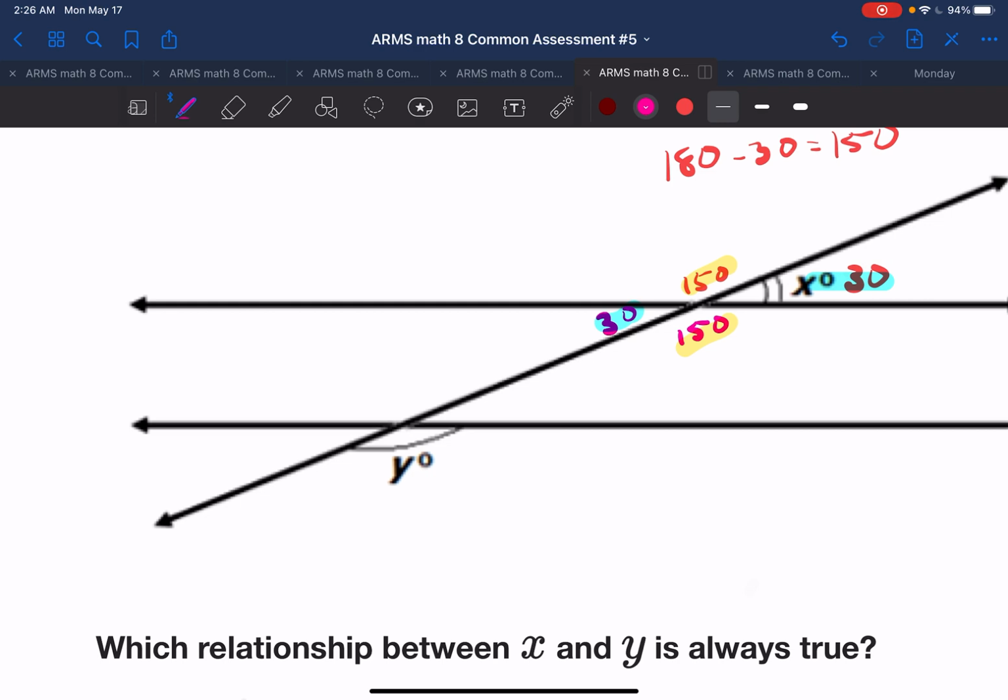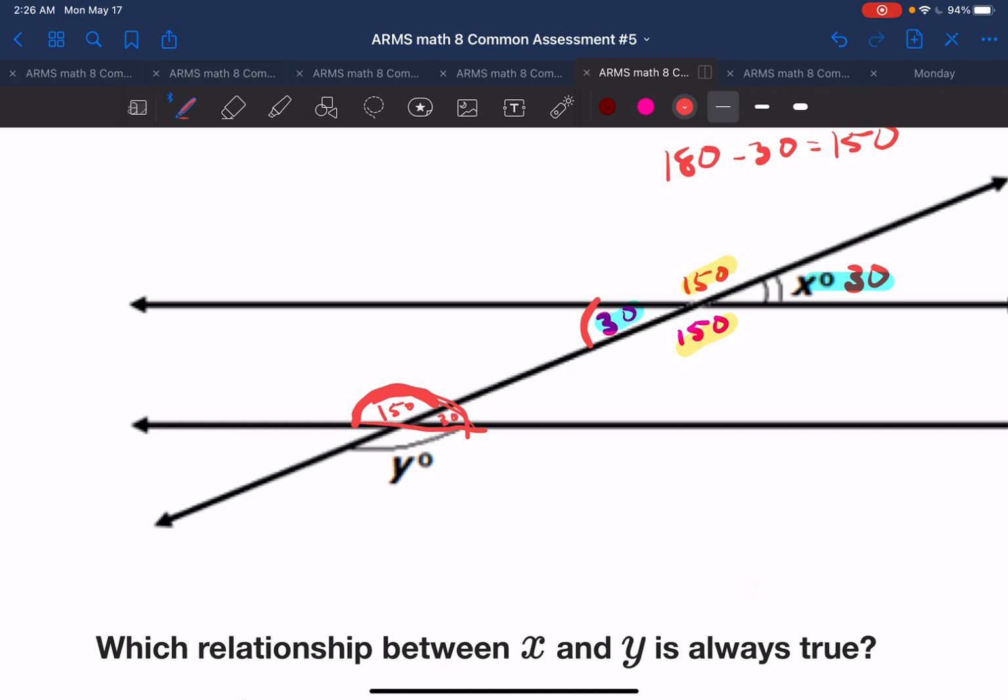So that means this 30-degree angle, when you add it up with this one, is also going to equal 180. So that means this is going to be 150. If this is 150, this has to equal up with this.